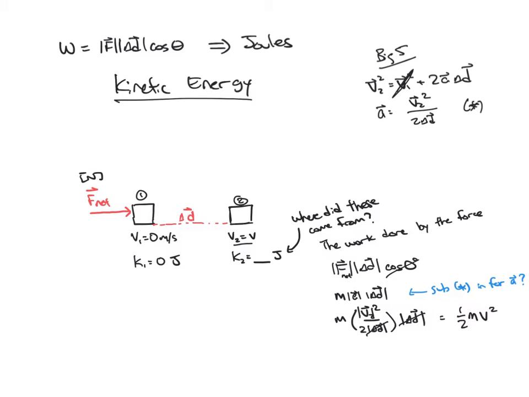Remember, I let v2 equal v. So this is how much work the net force did on the box. And that is why we use that formula for our kinetic energy. And it's going to be measured in joules. All right, so let's do gravitational potential energy now.